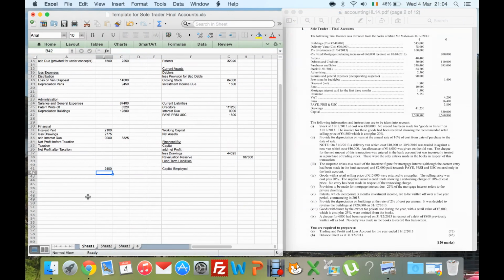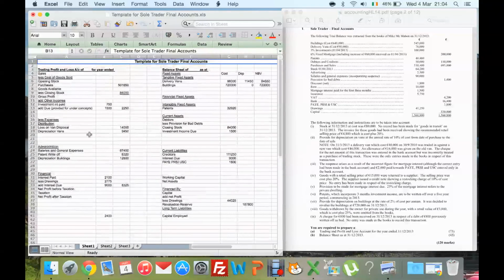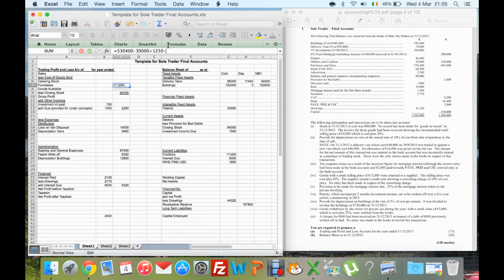That was taken out during the year, so that's going to be taken from purchases. Again, another adjustment to our purchases. Minus 2,400. Again, you would have just put a line through the figure that was there and then cancel, and put the new figure beside it. And then we're going to add that 2,400 onto our drawings.